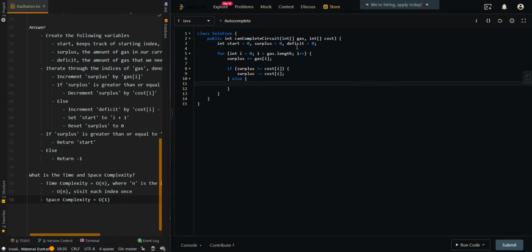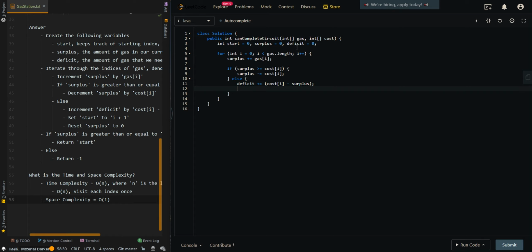Else, we want to save the current information and allow our starting index to start from start plus 1 instead. So we increment deficit by the cost of moving to the next index minus the current amount in our gas tank.